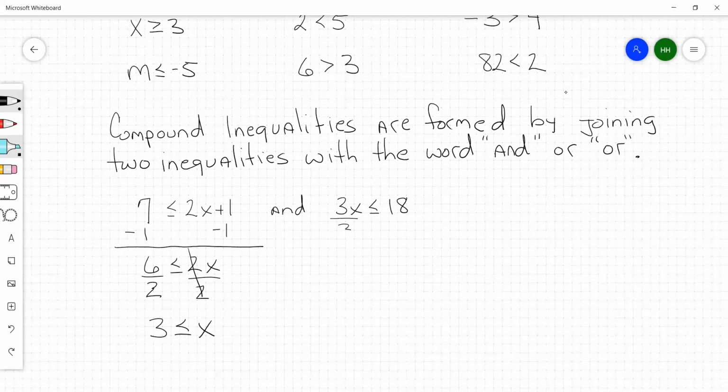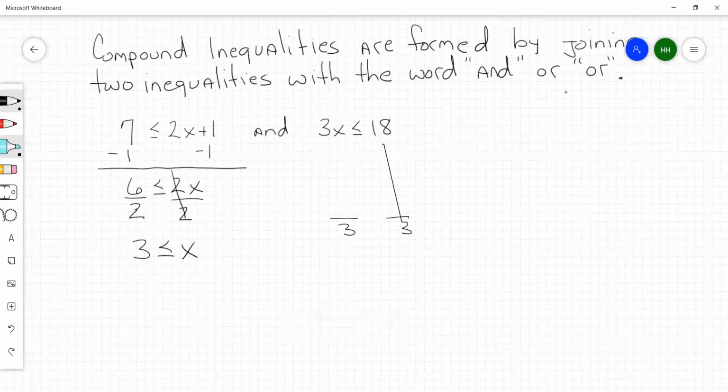We're going to divide both sides by 3. These 3's will cancel, and your x is less than or equal to 18 divided by 3, which is 6. So you got x less than or equal to 6, and you got 3 less than or equal to x.